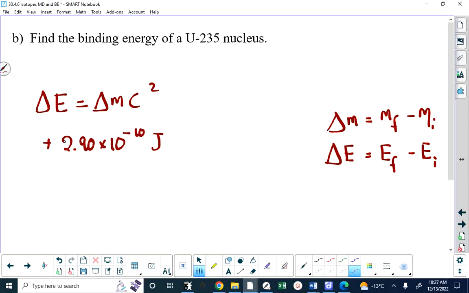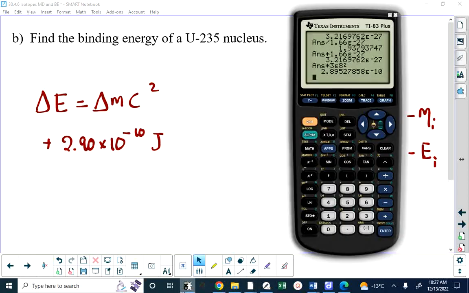If you convert that to eV by dividing by the number of joules there are per electron volt, you get a whopping, well, 1.8 billion. 1.8 times 10 to the 9.